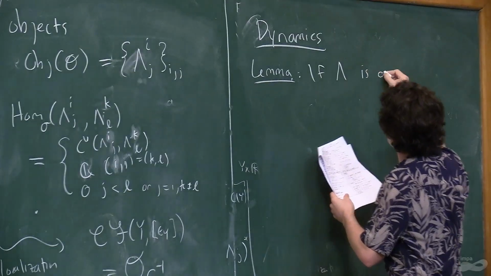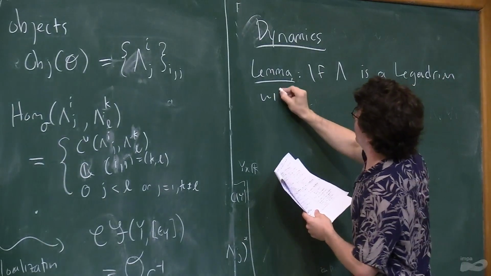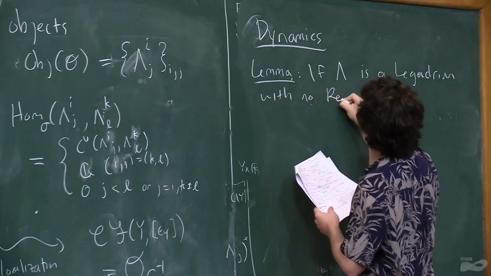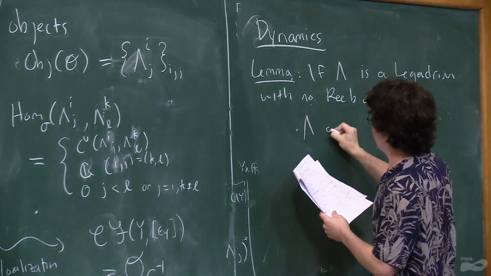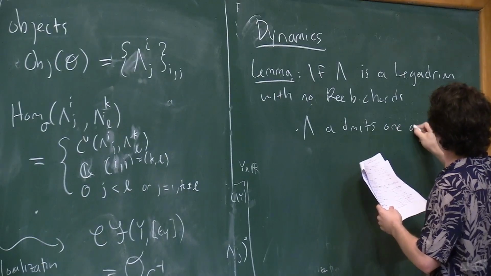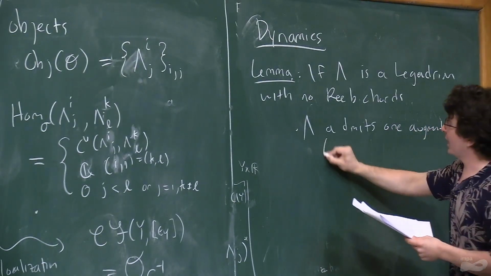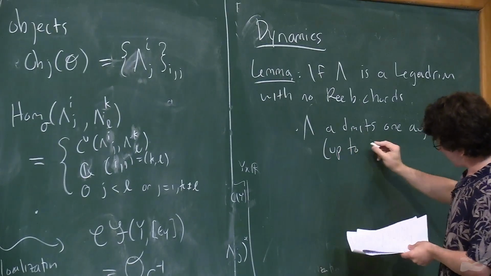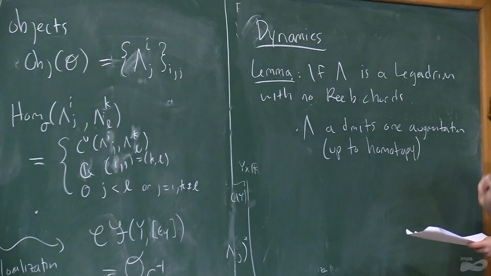If lambda is a Legendrian with no Reeb chords, then first, lambda admits one augmentation up to homotopy. I really have not said anything about augmentation homotopies, but this is some natural equivalence relation.